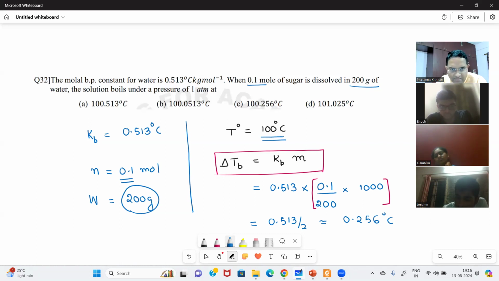So what is the right answer? 100 plus 0.256. So what is the answer? 100.256 degrees Celsius. Is it clear?